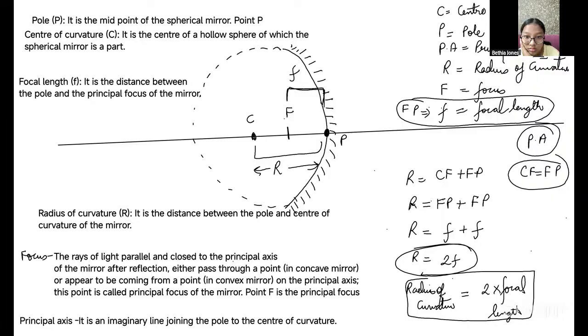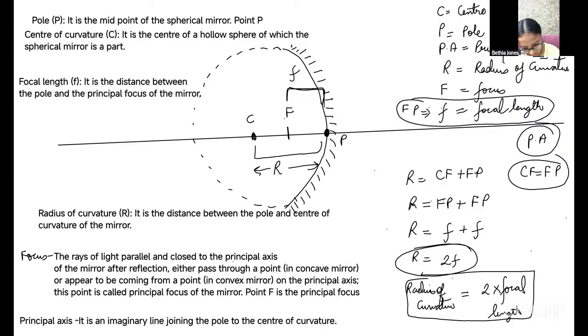So the spherical mirror's midpoint is called the pole, and then the imaginary line that passes through the pole is called the principal axis, PA. And then, what is the next thing again?